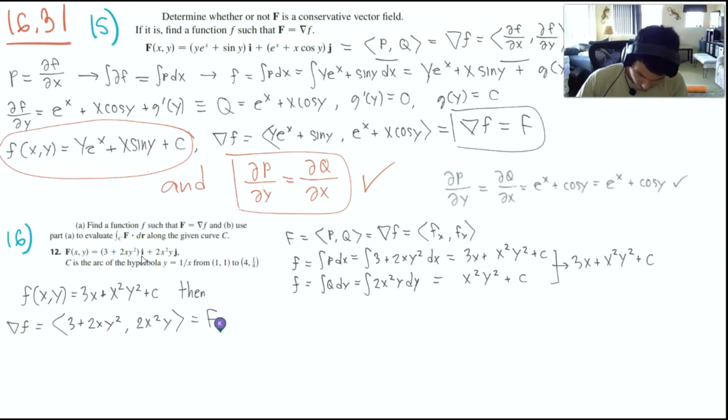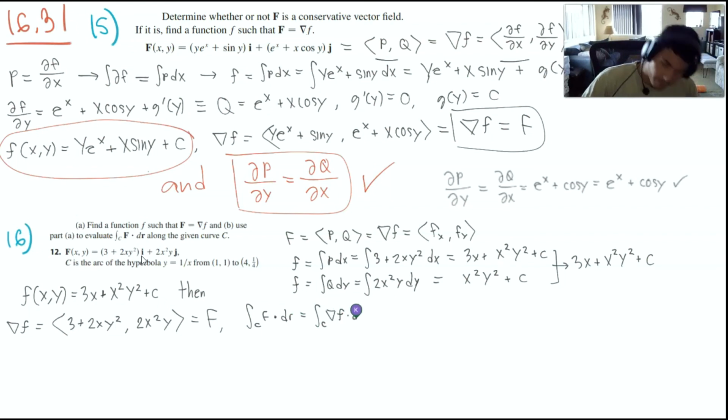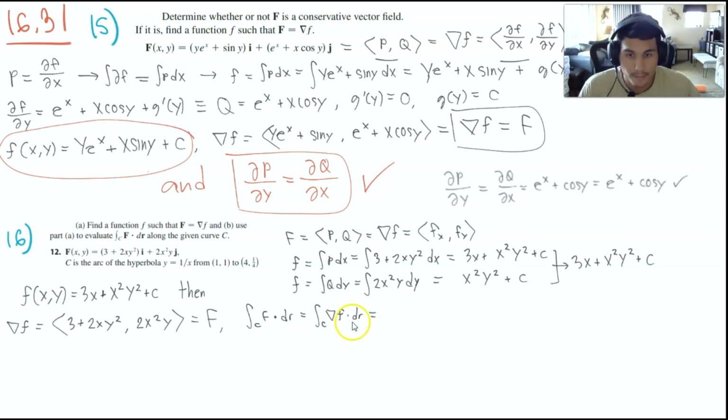Thus, it would make sense to do this. If F is the same thing as del of f, then let's use del of f. Now, you may be like, oh my god, that's the same integral. And yeah, it is the same integral.